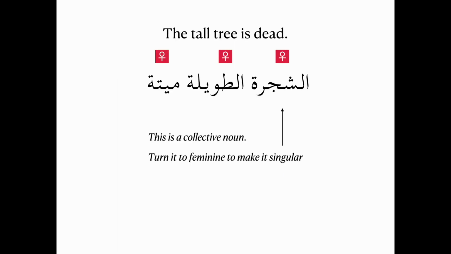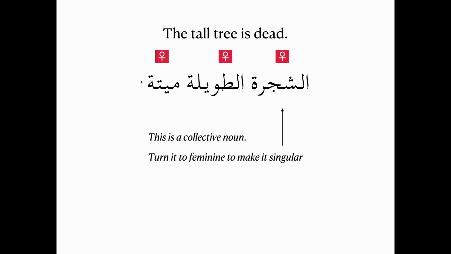Next one is the tall tree is dead. So the answer for this one that I was looking for is الشجرة الطاولة ميتة. Let's break down what this means. First thing coming up straight out of episode 1, we already see definiteness, indefiniteness. So we already know this entire spiel is going to be your subject and this is going to be your predicate, right? So we got to indicate, is tree in Arabic masculine or feminine?